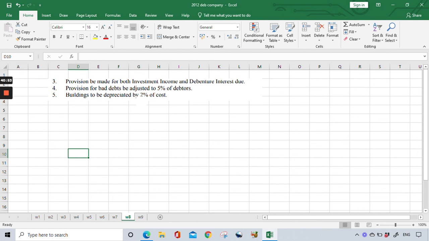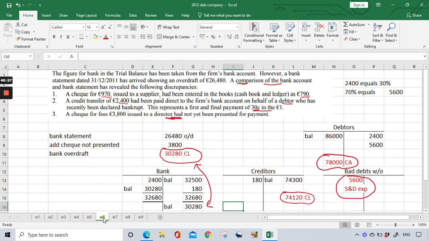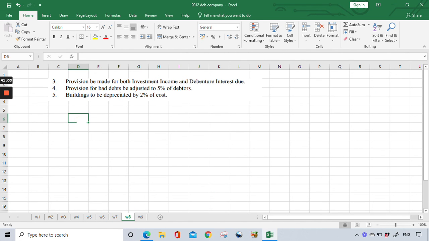Provision for bad debts be adjusted to 5% of debtors. So I'm just going to go back a few notes. My debtors figure is 78,000. So 5% of 78,000 equals 3,900.